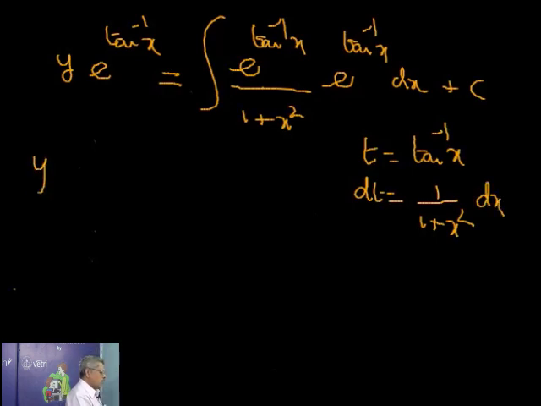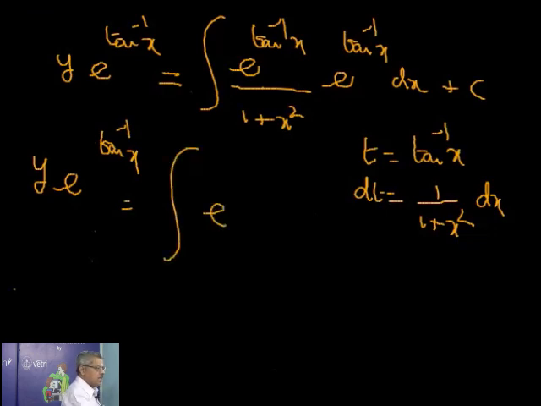Therefore, y e power tan inverse x equals the integral of e power t whole square, that is e power 2t, times dx by 1 plus x square, which is dt, plus some constant.